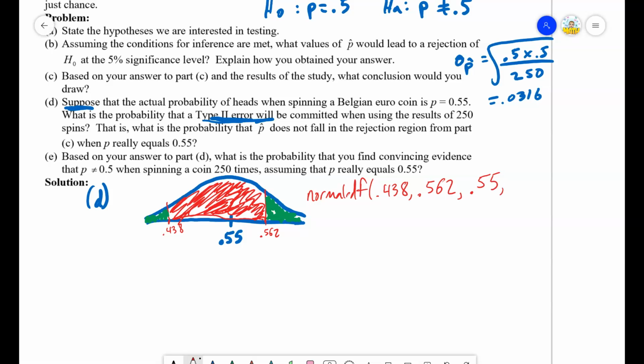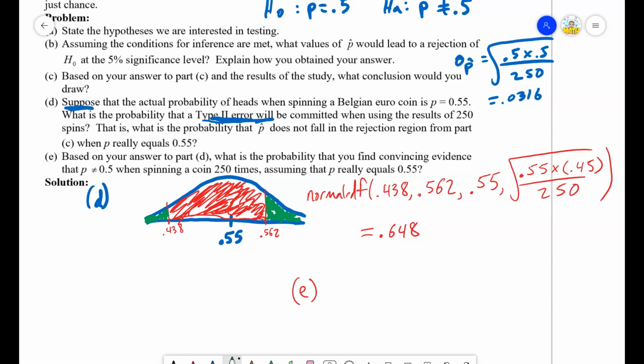Mean is 0.55, and then our standard deviation is the square root of 0.55 times 0.45, right? 1 minus 0.55, over 250. Okay, so 0.648 is our probability of the type 2 error. The power of the test, which is what they ask us for in part E, would be 1 minus that, right? The probability that we find convincing evidence, if that's true, would just be 1 minus 0.648.